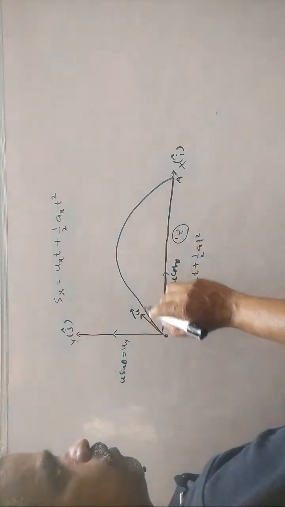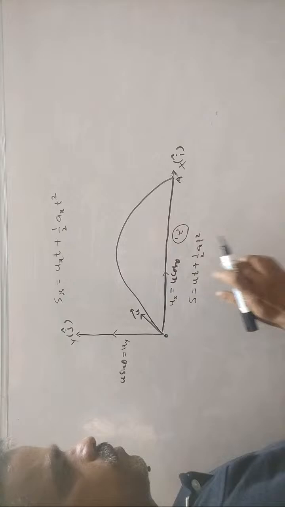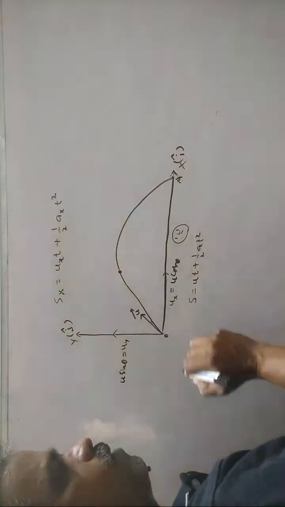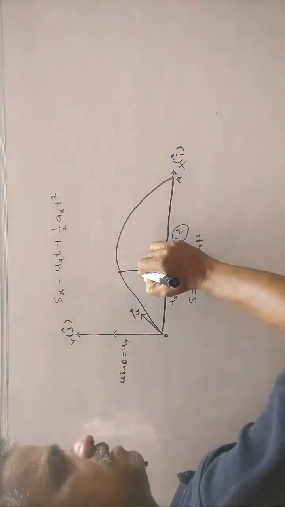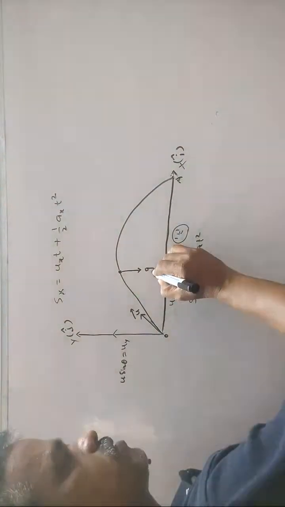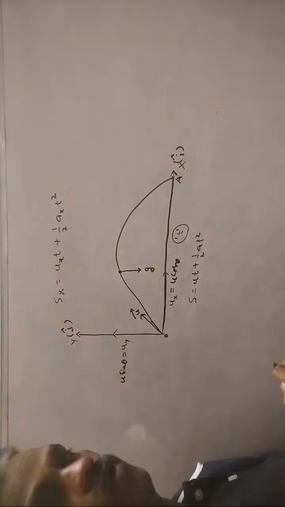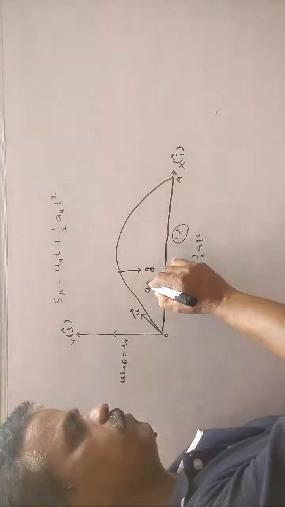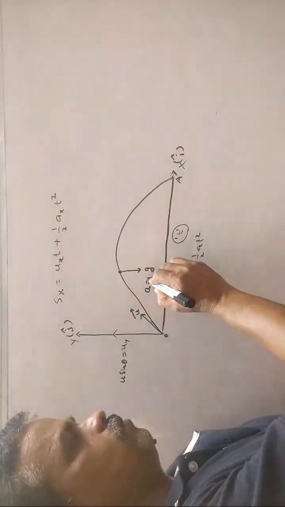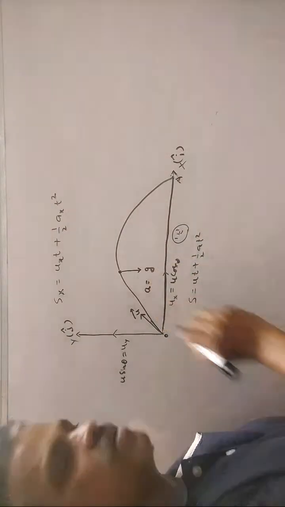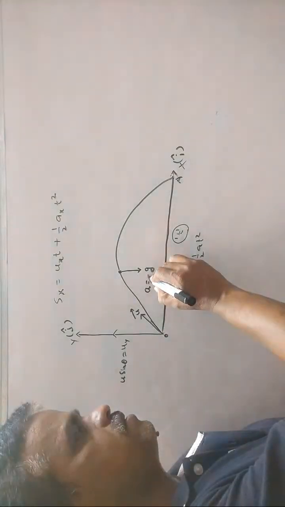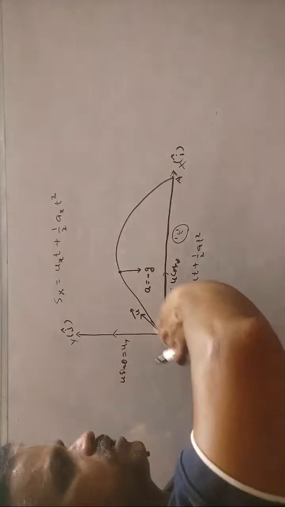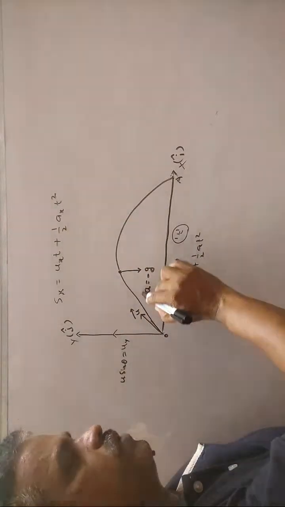Before going to this, the body has acceleration always downwards, that is gravitational acceleration. So here a equal to minus g, in the downward direction. In projectile motion, acceleration is a equal to minus g.